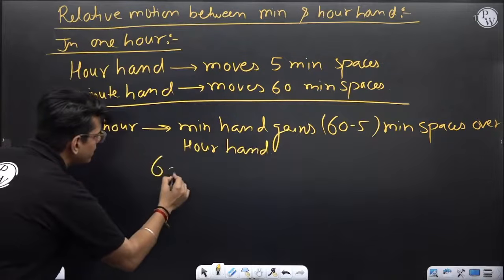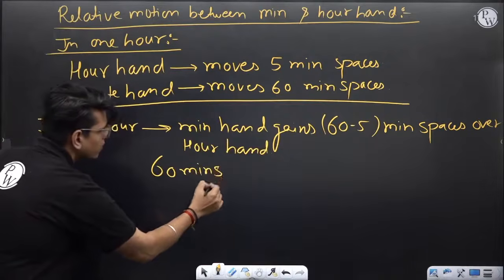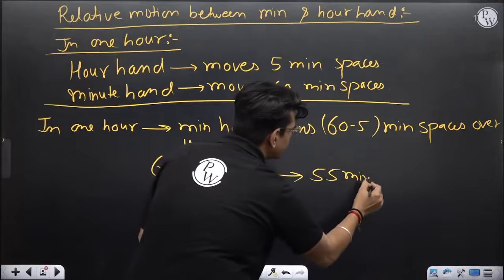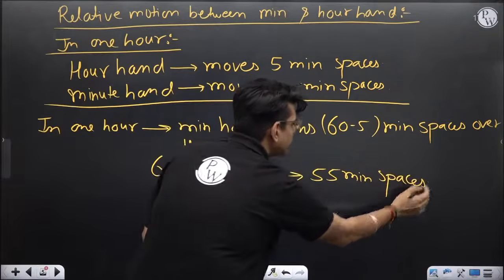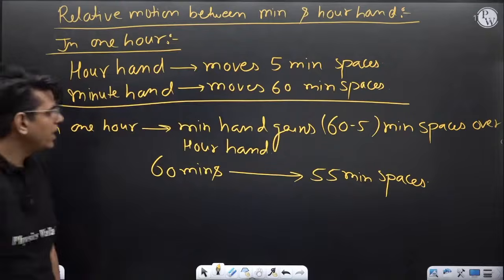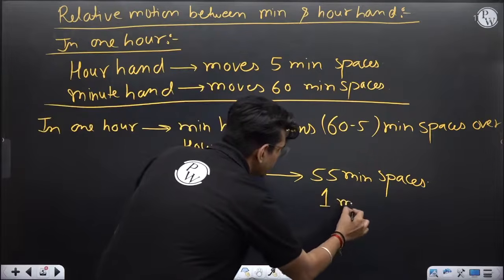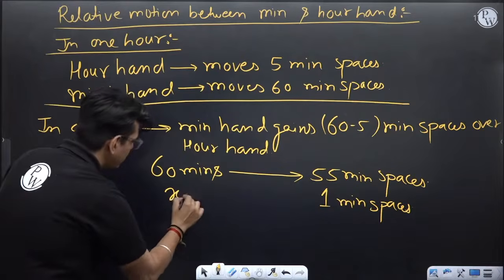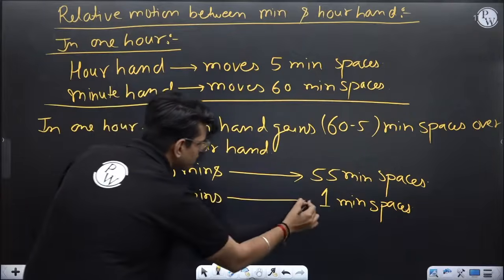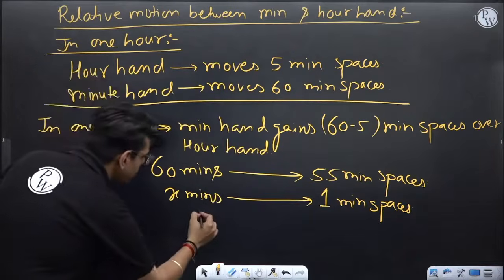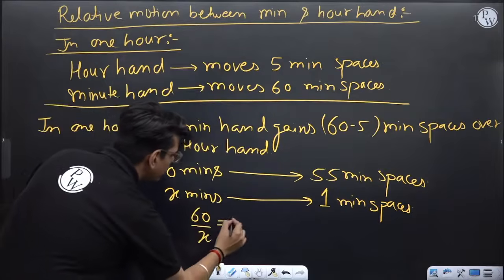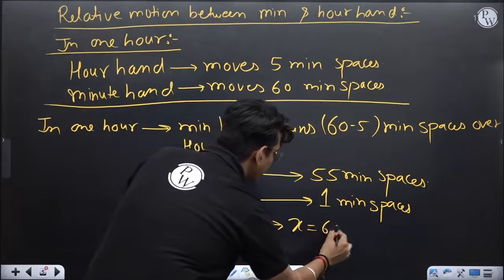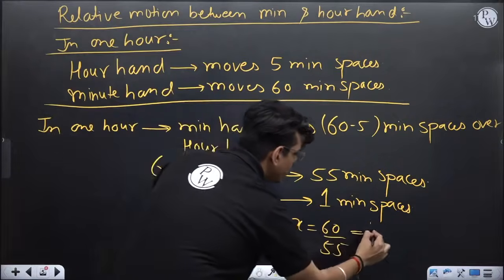So in 60 minutes, it is gaining 55 minute spaces. What is the time it will take to gain 1 minute space? Let it be x minutes. By the unitary method, 60 by x equals 55 by 1. This is nothing but x equals 60 by 55, which is 12 by 11.